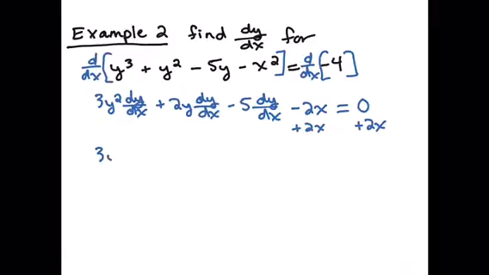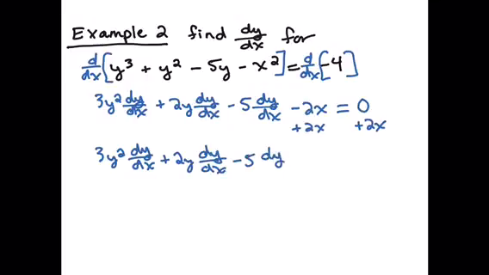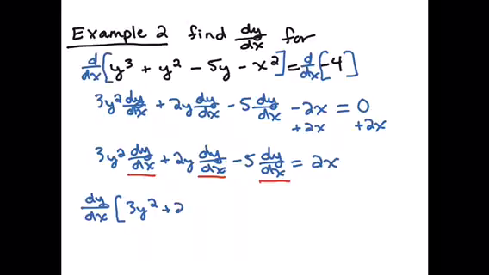And I have 3y squared dy/dx plus 2y dy/dx minus 5 dy/dx equals 2x. And we will factor out the dy/dx's, leaving me with 3y squared plus 2y minus 5 equals 2x.